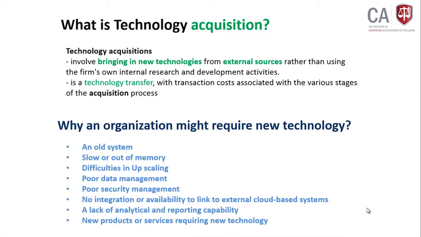It is also like a technology transfer with transaction costs associated with the various stages of the acquisition process. In the technology acquisition process there can be various processes, and in those processes the technology transfers can be done in some stages.